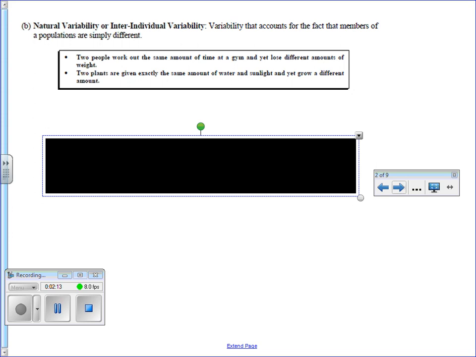If two people work out the same amount of time at a gym and yet lose different amounts of weight, or two plants are given exactly the same amount of water and sunlight, and one grows differently than the other one. This all is just dependent on these two things being different by nature. Again, you can pause the video, take a second to come up with your own example, and we're going to go to the next type of variability.